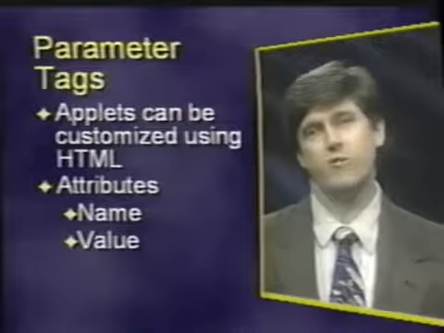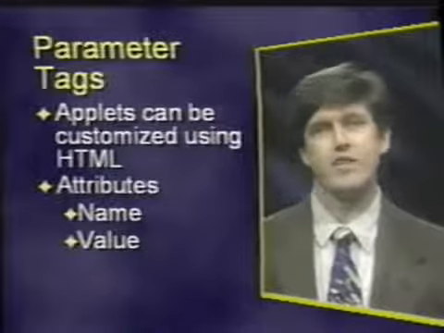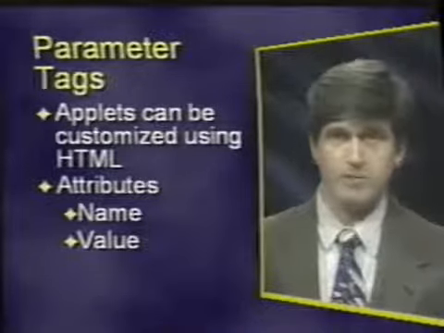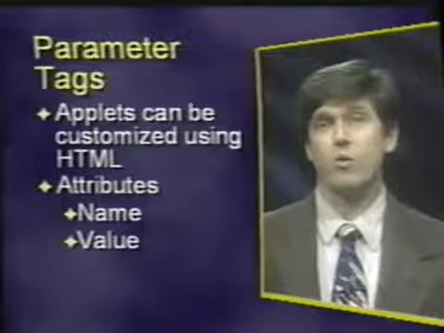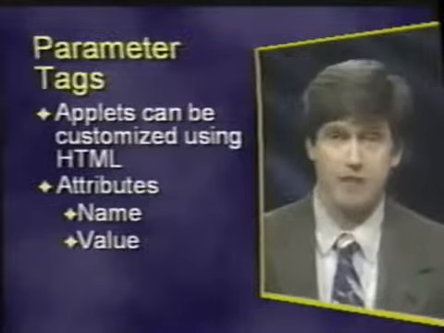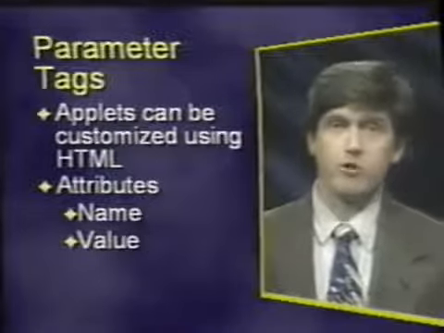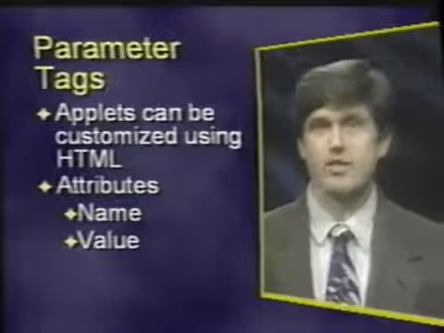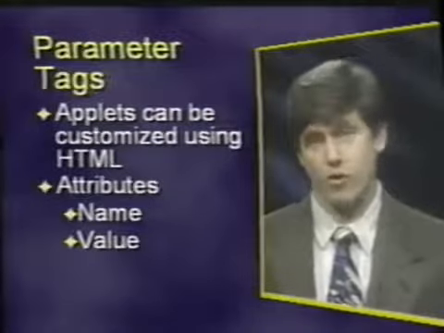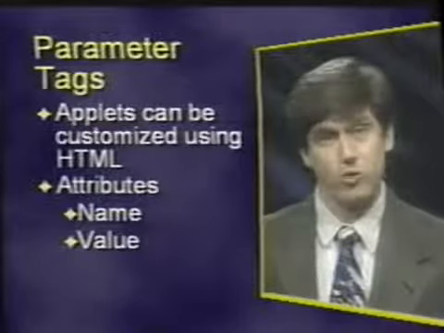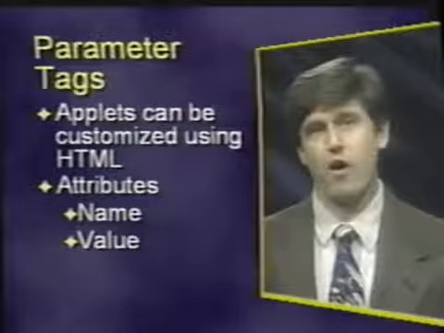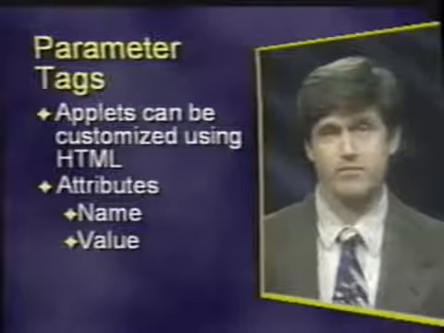What you use these for is the name attribute gives the name of a particular parameter. Like, let's say we wanted to have an animation applet, and we wanted to have a parameter called loop. And the loop parameter told you whether the animation would keep looping or run through once and quit. So we'd have a name equals loop, and the value could be true or false, giving a value to that attribute.